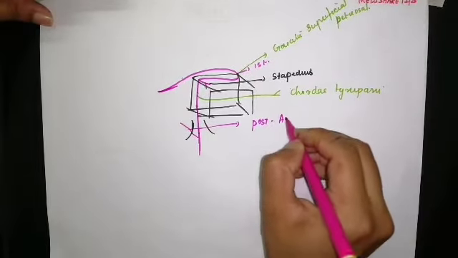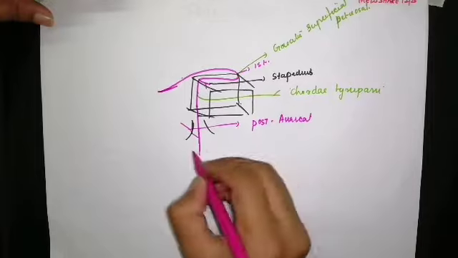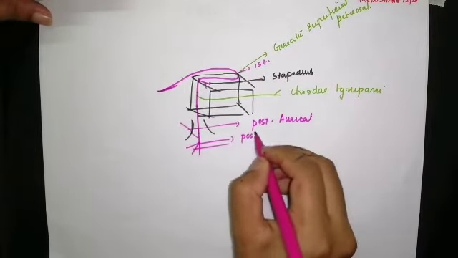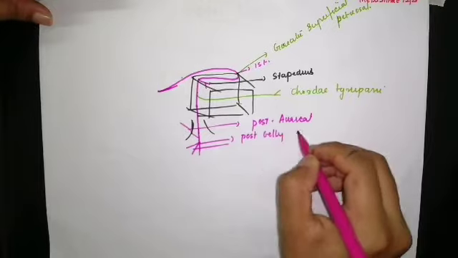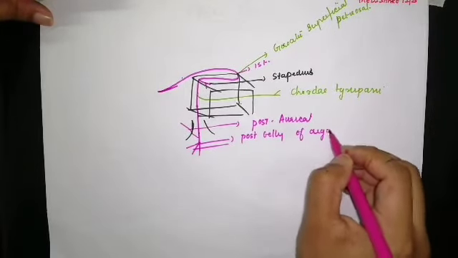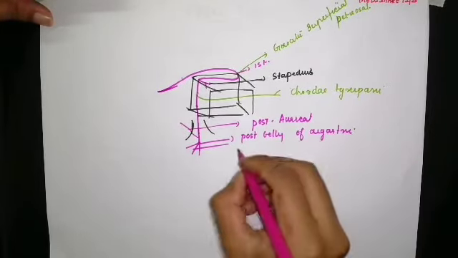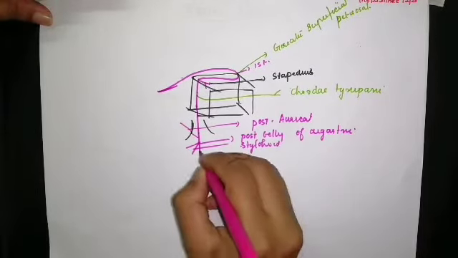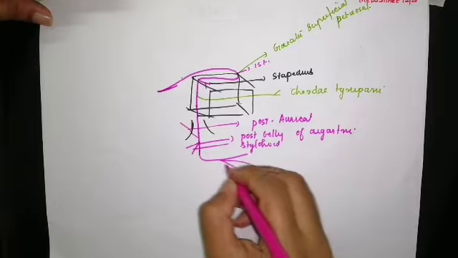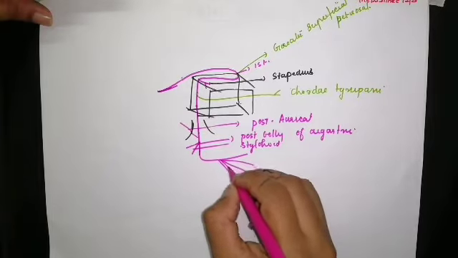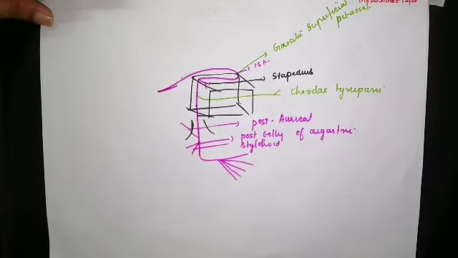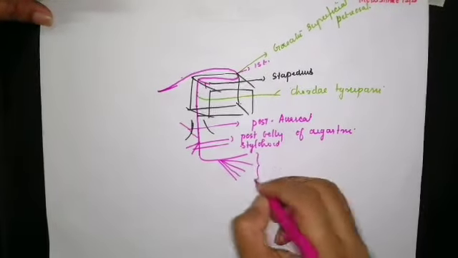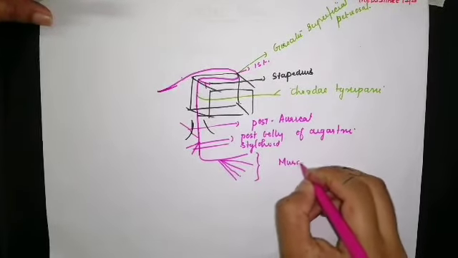There are also branches to some muscles like the posterior belly of digastric and stylohyoid, and terminal branches like temporal, zygomatic, buccal, marginal mandibular and cervical to the muscles of facial expression.